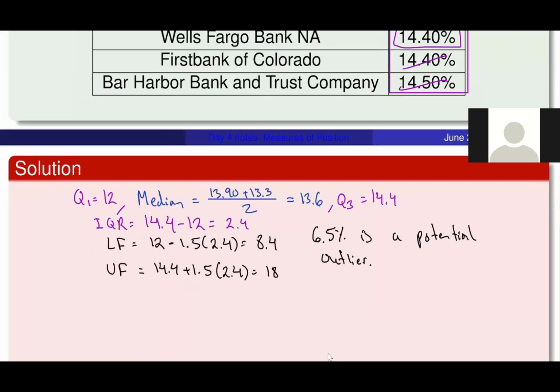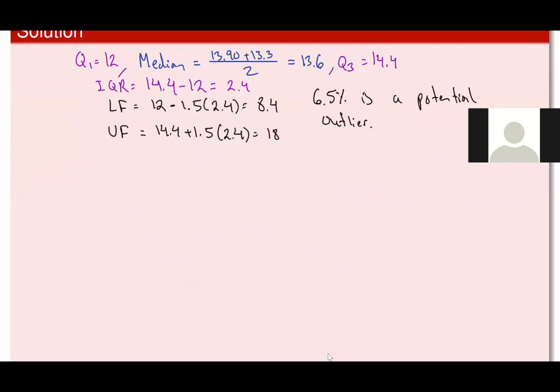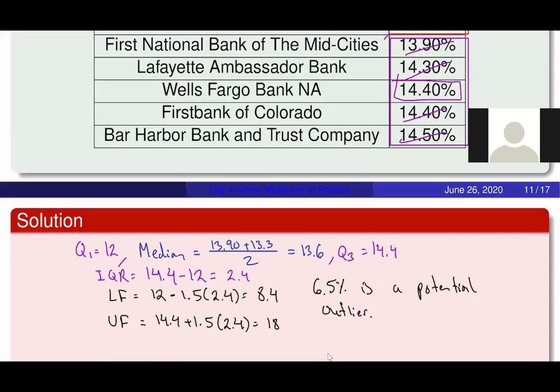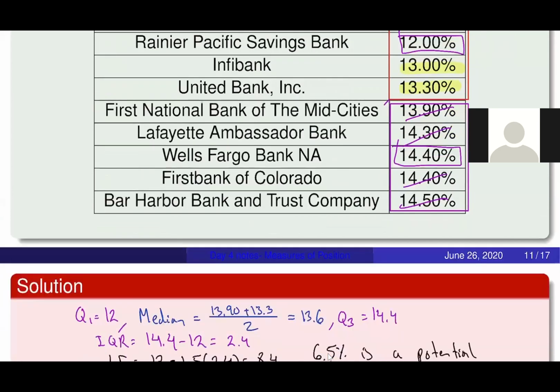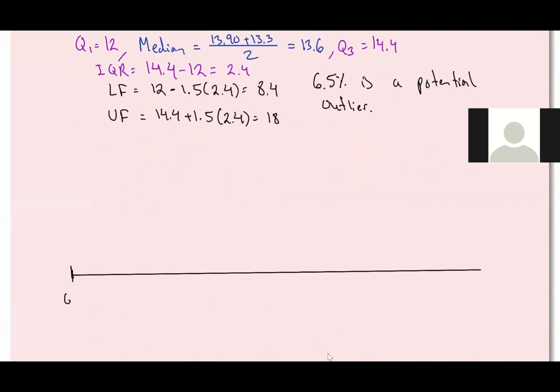Okay, so let's go ahead and do our box plot. If you look at the box plot, you always want to start off at the lowest number. That's 6.5, so let's start off at 6.5 and jump up by 0.5.